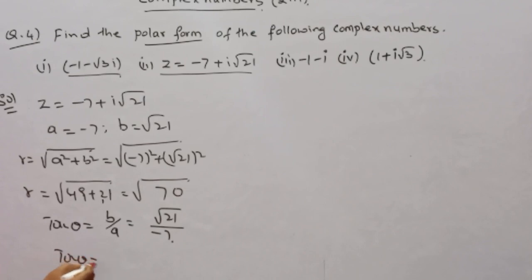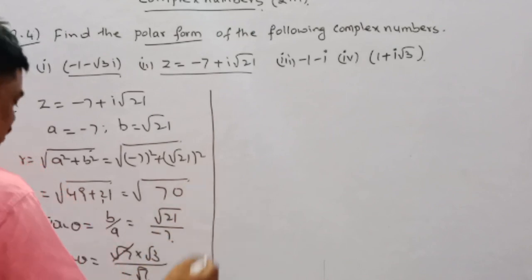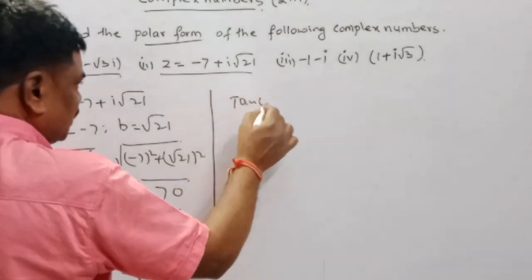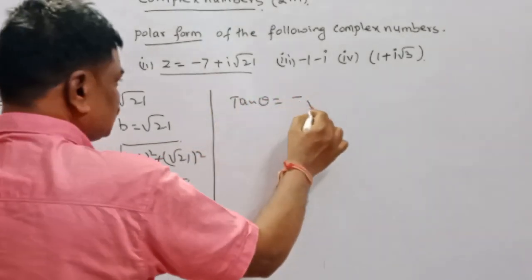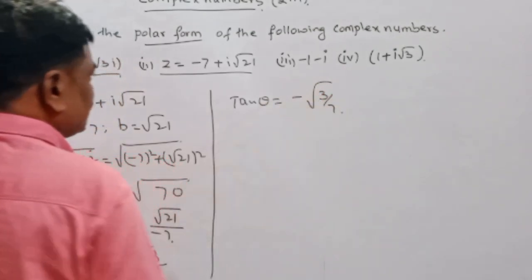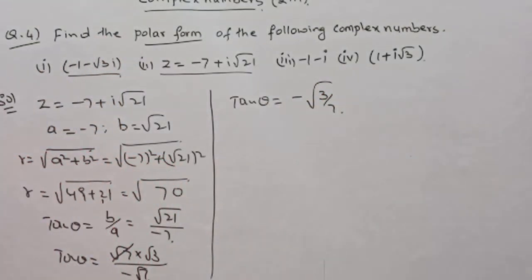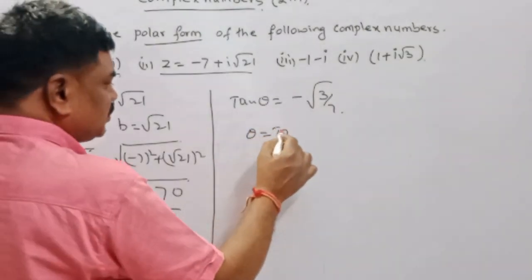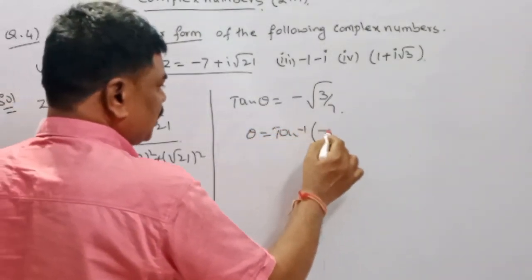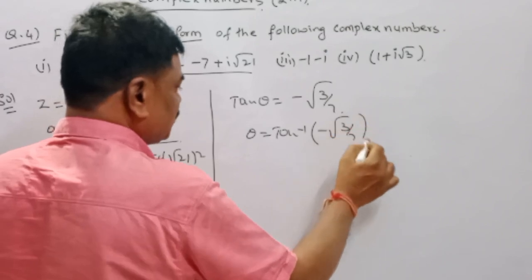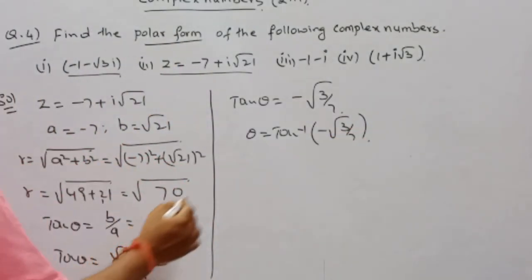This is root 7 into root 3 by minus 7, so tan theta is equal to minus root of 3 by 7. So theta is equal to tan inverse of minus root 3 by 7. Then what is the polar form?